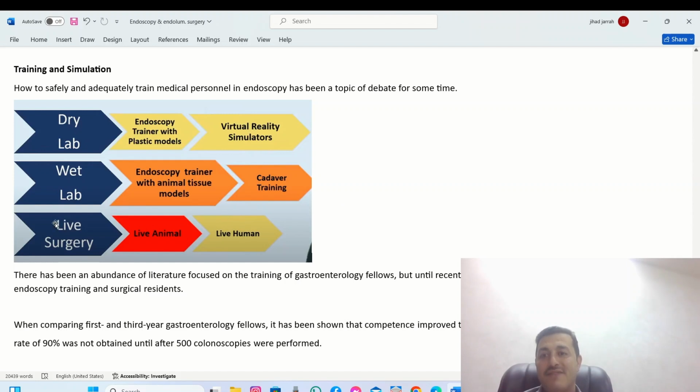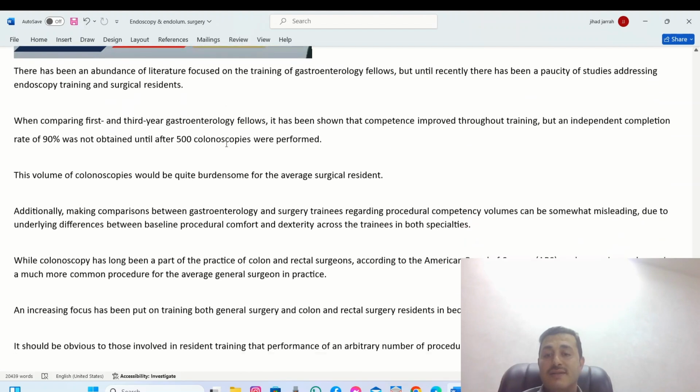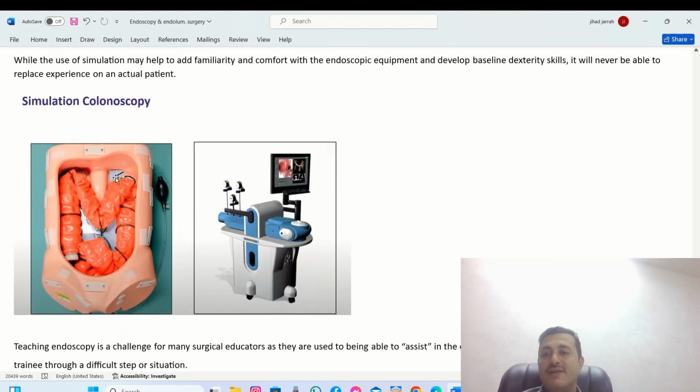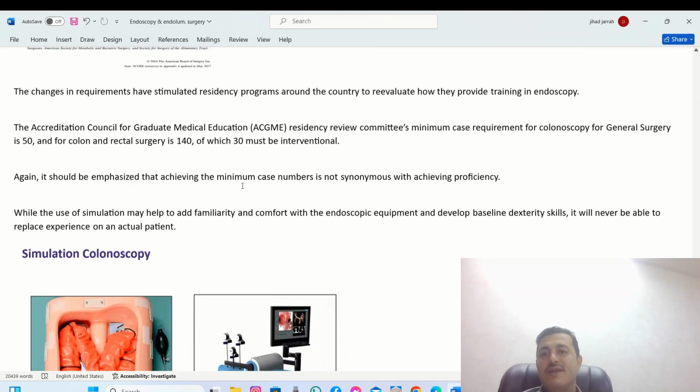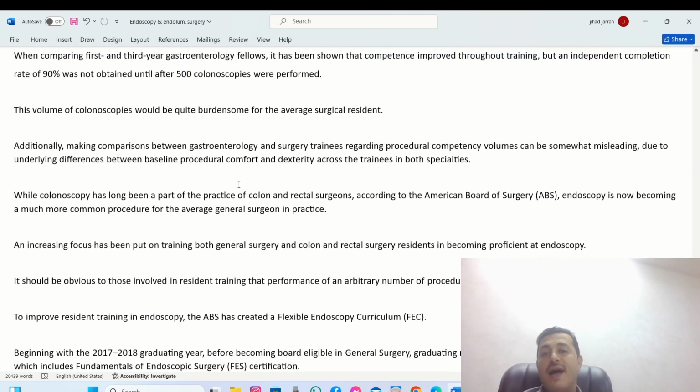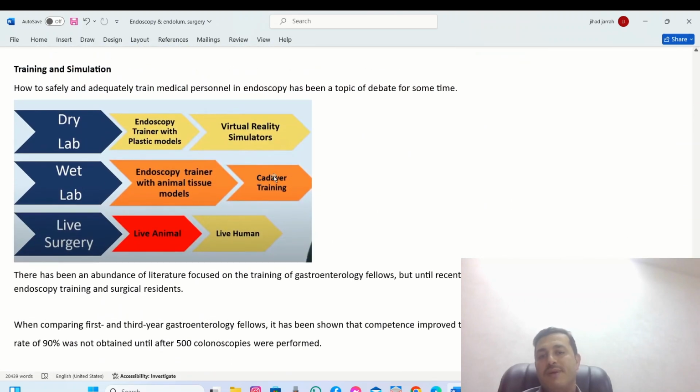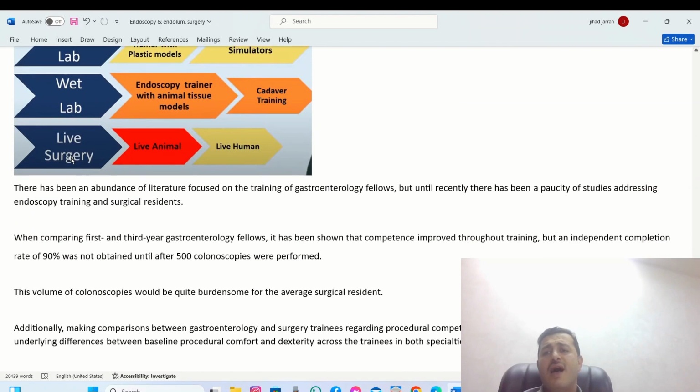And practicing has levels. We can start with dry labs such as virtual reality simulators. You can see here a simulator for colonoscopy. Then you can move up and go to wet lab, by which we mean animal cadaver training and live surgery on humans.